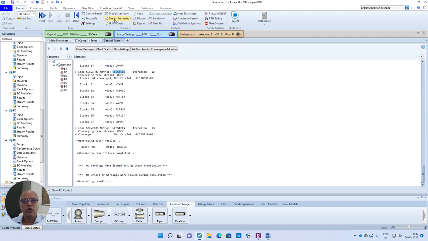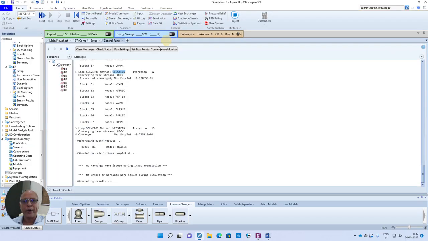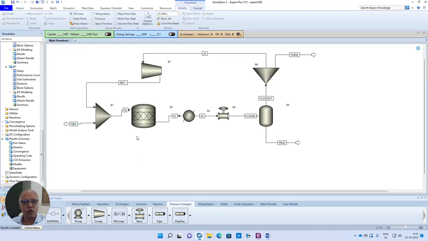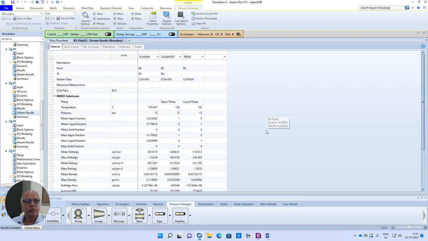As you can see, you can identify from the stream summary the information about all the streams involved in your problem. So we were able to make some calculations. Instead of this, it may be better to go into each and every model and observe the results. What we are generally interested in, of course, you can see from each of these blocks. Now, I would like to see the flash stream results.